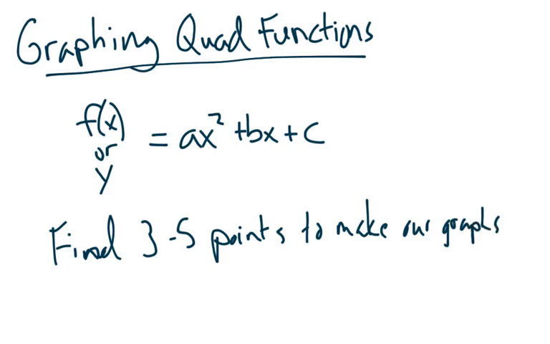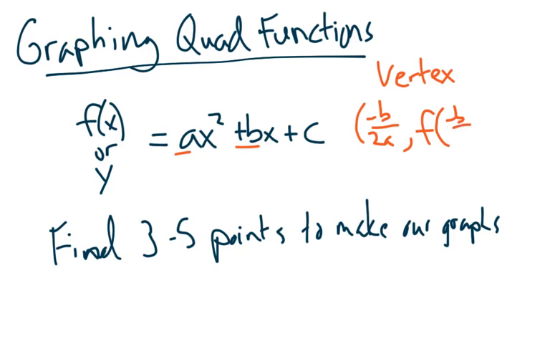Now, the most important point we need from this is the vertex. Our vertex comes from negative b over 2a, comma, f of negative b over 2a. That gives us our vertex point.